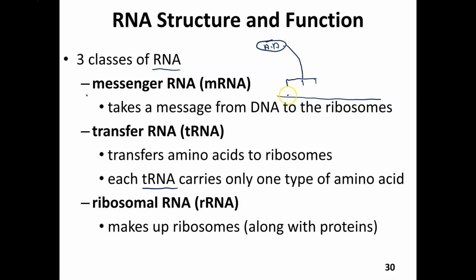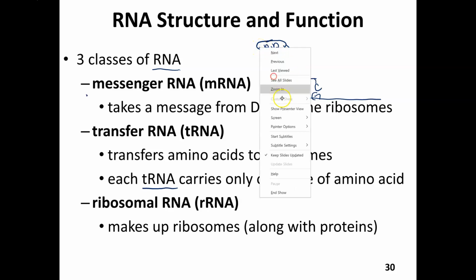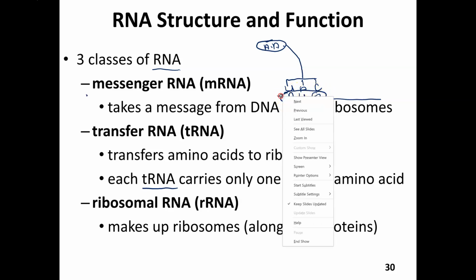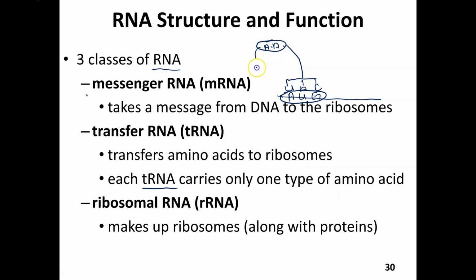So if the messenger RNA said AUG, the transfer RNA would have U, A, C, so it can bind because they're going to be complementary, and it's going to carry an amino acid that's coded for by the AUG. So this amino acid is going to be coded for by that AUG.